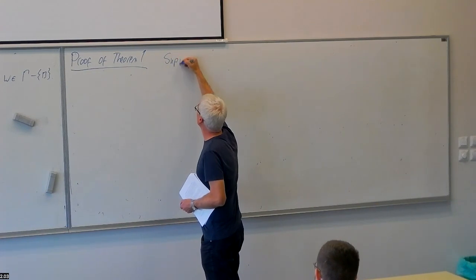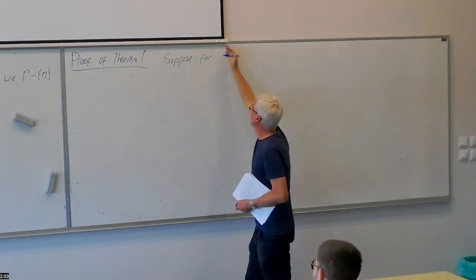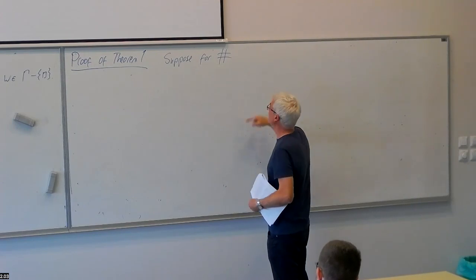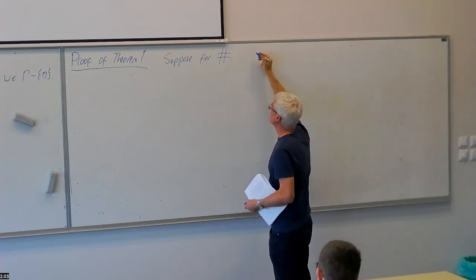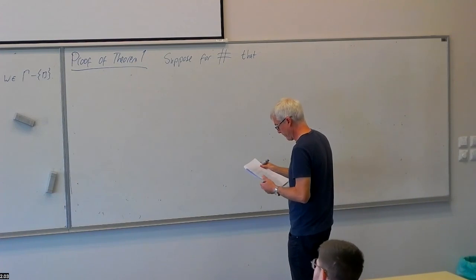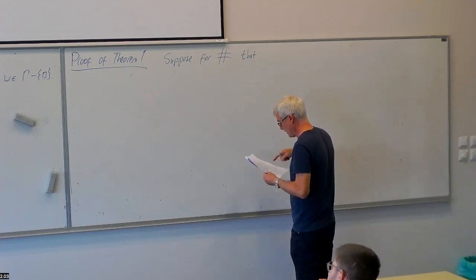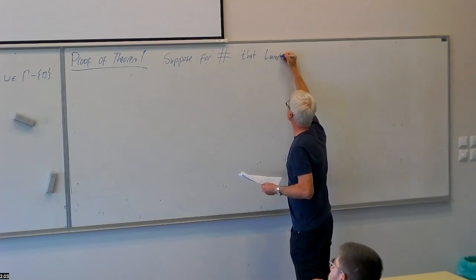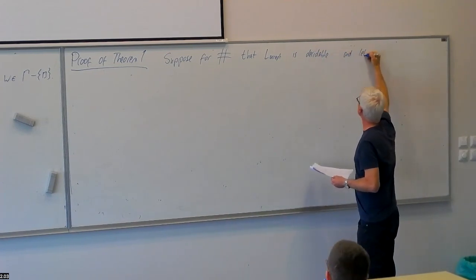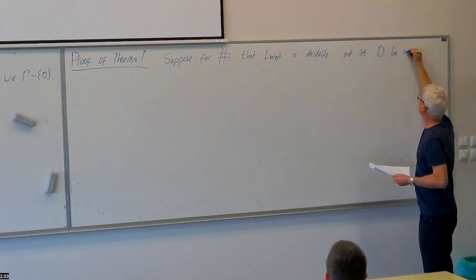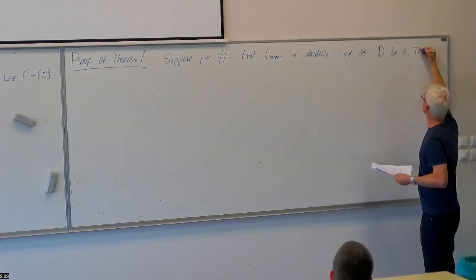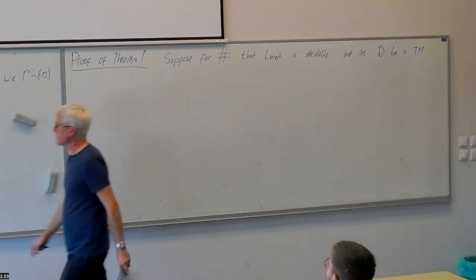So, suppose, in English mathematics one sometimes writes a contradiction like this. I know you write two opposing arrows in Slovene, but this means the contradiction. Suppose, for contradiction, that L-exact is decidable. And let D be a Turing machine that decides it.